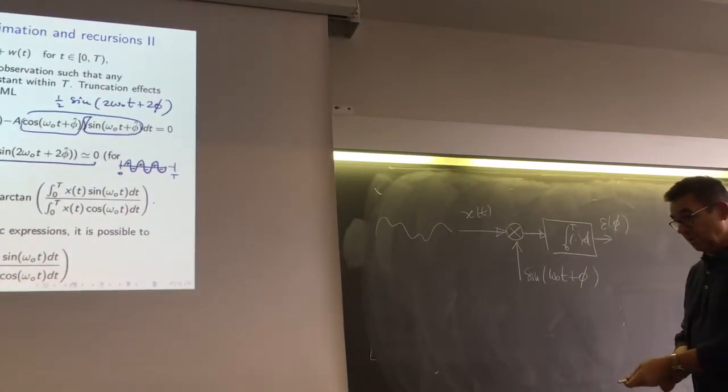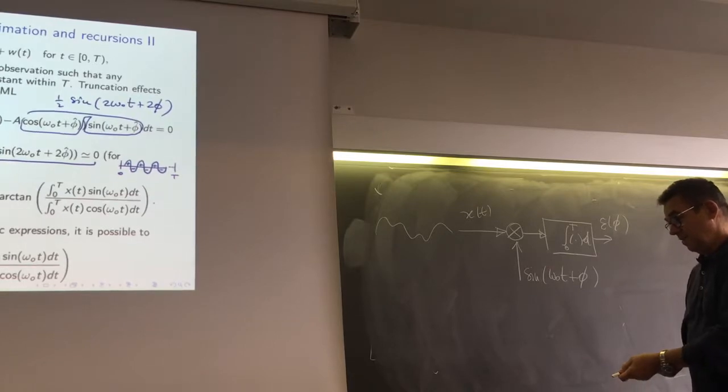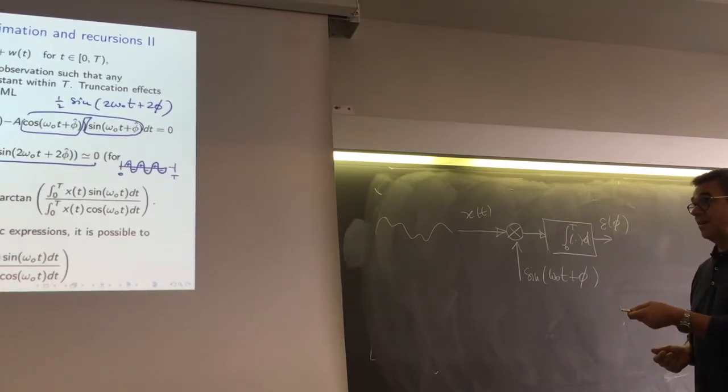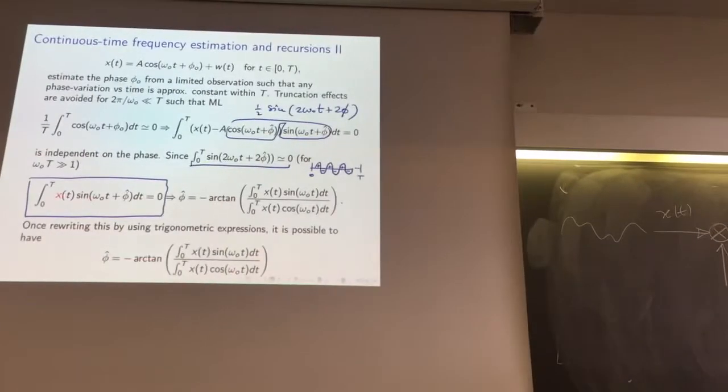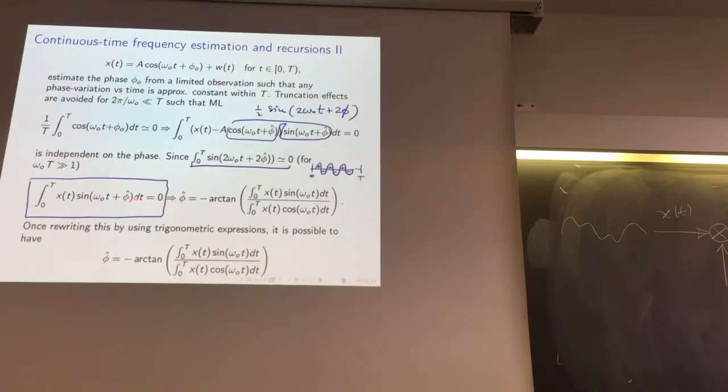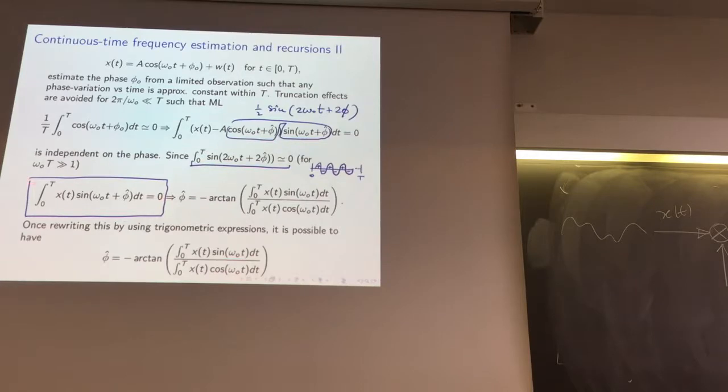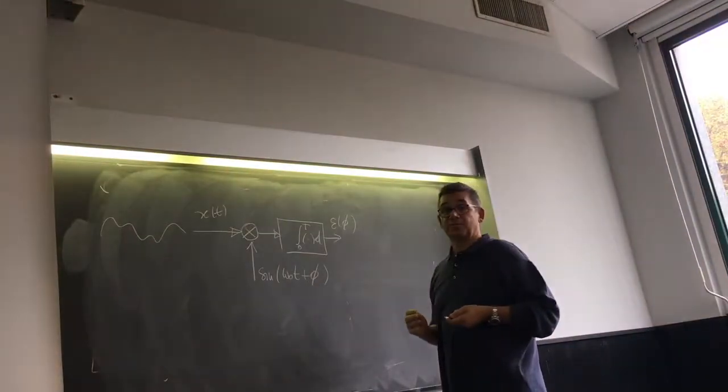You see, x(t) multiplied by sine of the phase term in dt, the integral should be equal to 0. But if I use an arbitrary phase, that is not 0. That is different from 0.